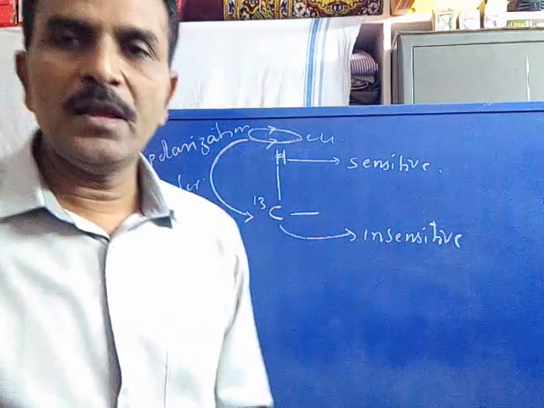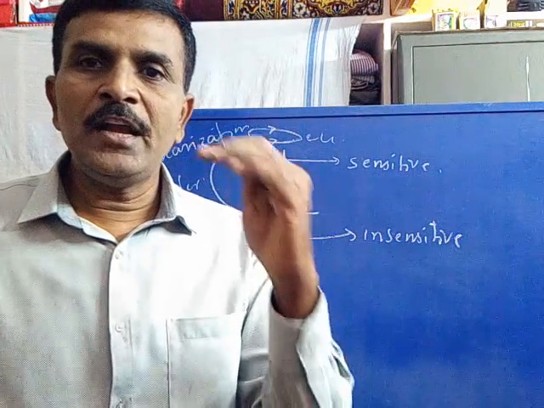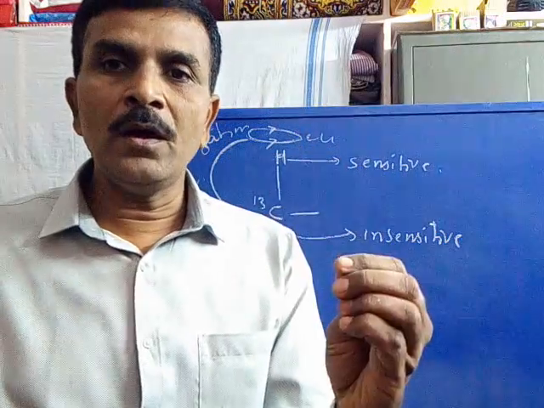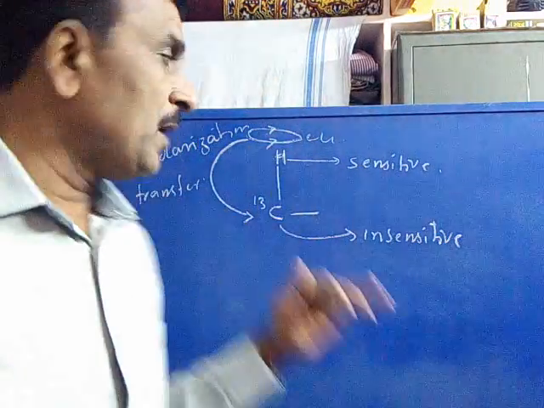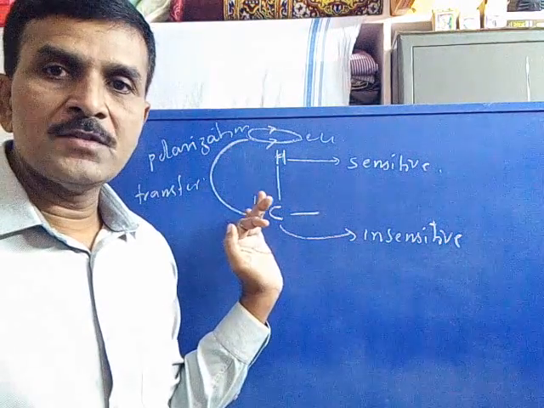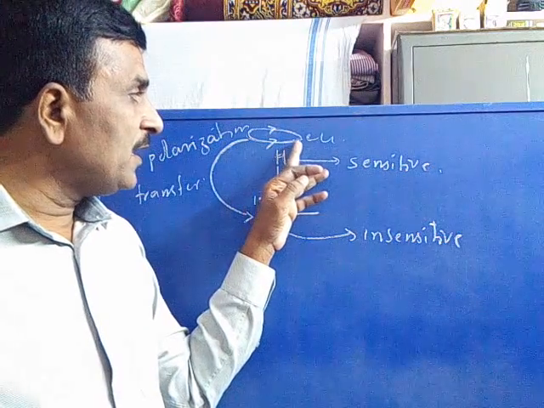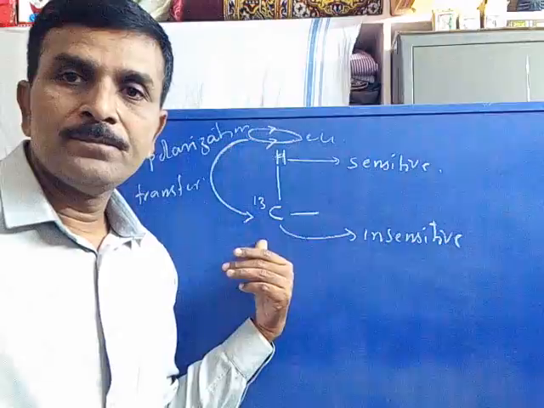Is it clear? A simple principle. By polarization transfer, the magnetic field is transferred from the proton nucleus to the carbon nucleus.